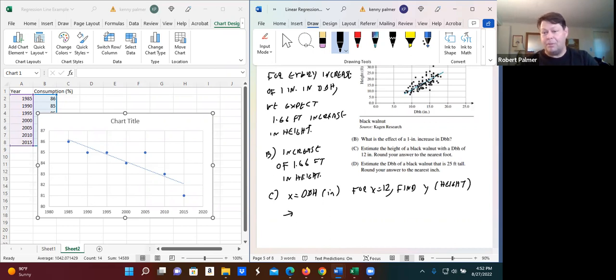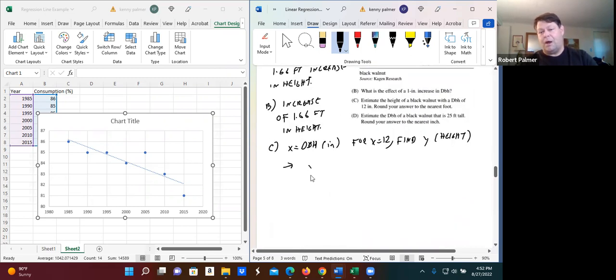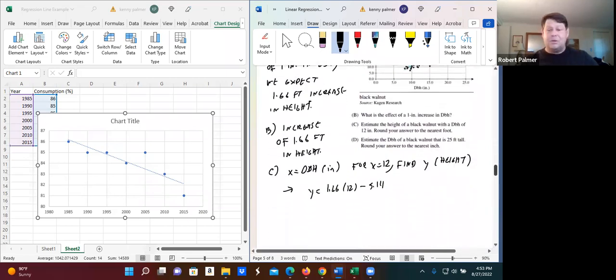And so from our model up here, let's look back at it. It's a little hard to see. Y equals 1.66x minus 5.14. So Y equals 1.66 times X, which is 12, minus 5.14. Double check that I said that right. Okay, then plug this in your calculator, and we'll find out the height.